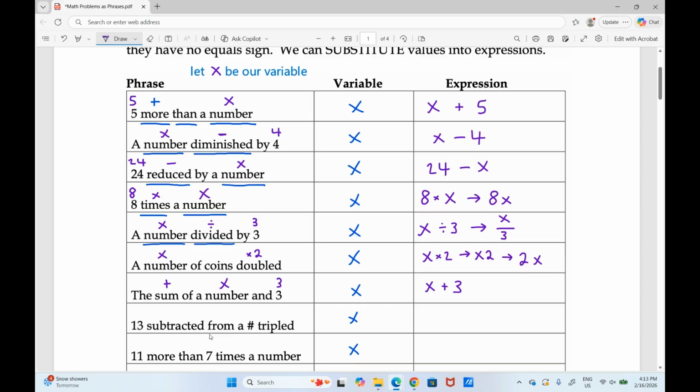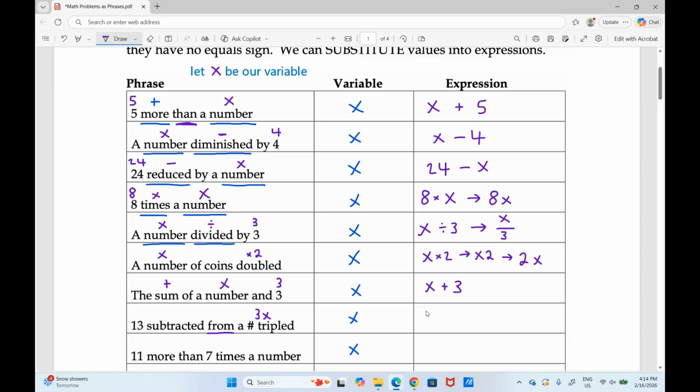Okay, before we start, the word from, just like the word then, has a very special meaning. It means whatever entity you see that comes after the word from or then always comes first. So here I have a number tripled. If it's a number tripled, most likely it's going to be 3x, or 3 times x.